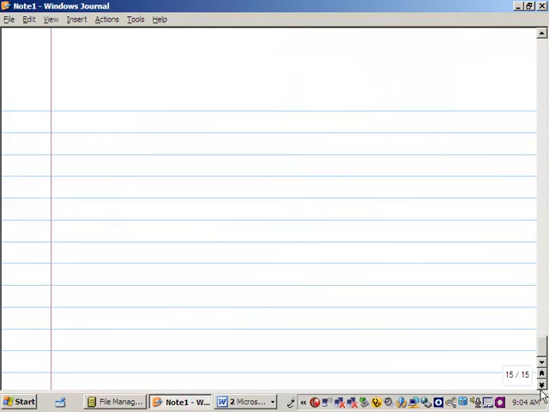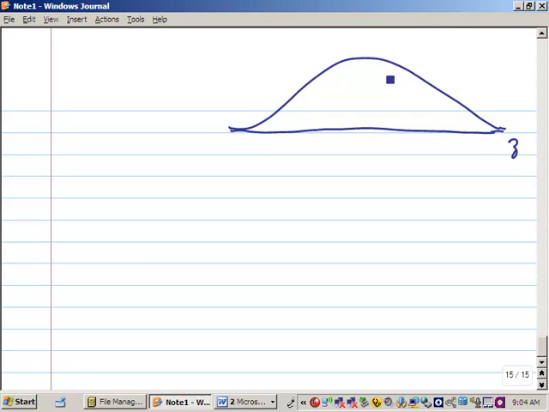Next one, the 30th percentile. Same basic information, so you start with the z distribution. The middle point is the 50th percentile. We're looking for the 30th, which has got to be below the 50th, the middle, so we'll draw that here.